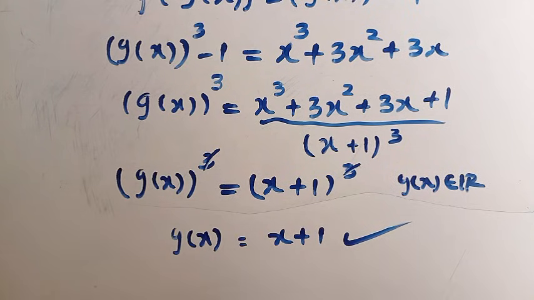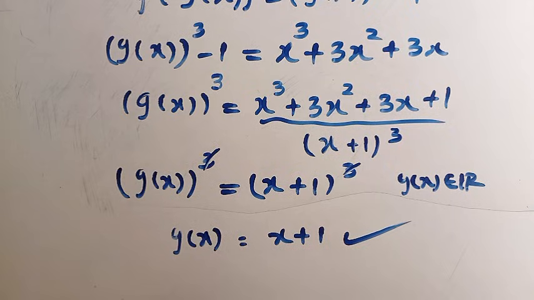This is the final answer to this problem. And we can verify that this g of x satisfies the given function. Definitely it satisfies what we have, just by replacing every x here with x plus 1, so the left hand side equals the right hand side.